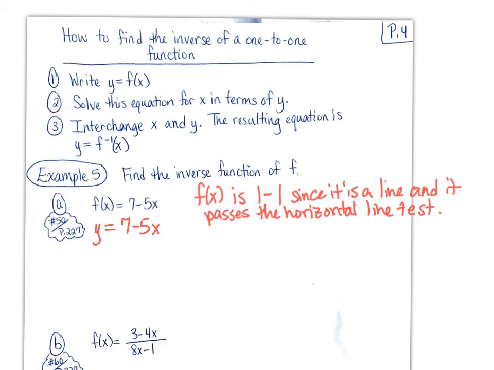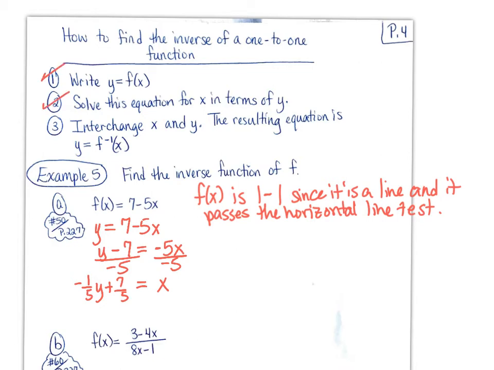So that means y minus 7 is equal to negative 5x. And now we do what to both sides? Divide by negative 5, right? So you get x is equal to negative 1/5 y plus 7/5. So we solve for x in terms of y, and now we need to do what?